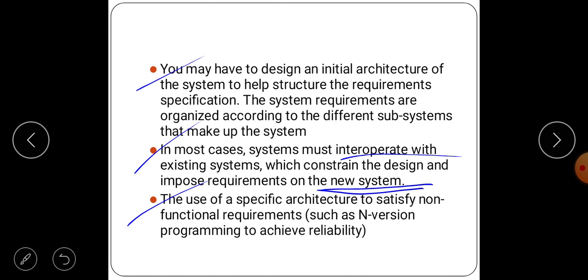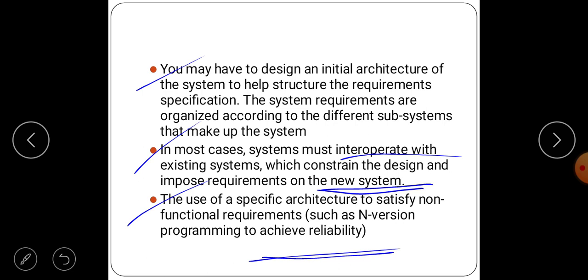Okay, the use of specific structure to satisfy non-functional requirements, such as n-version programming to achieve reliability. Here we are going to use a specific structure to satisfy non-functional requirements.